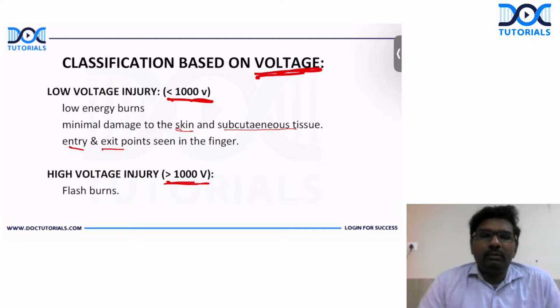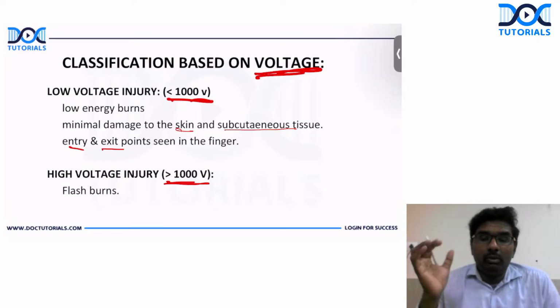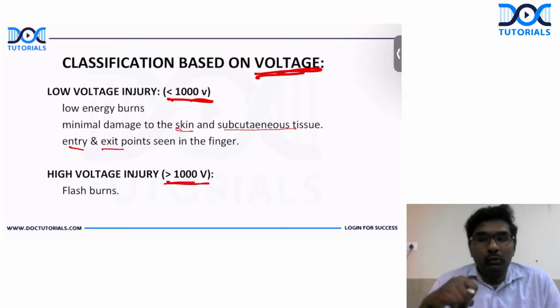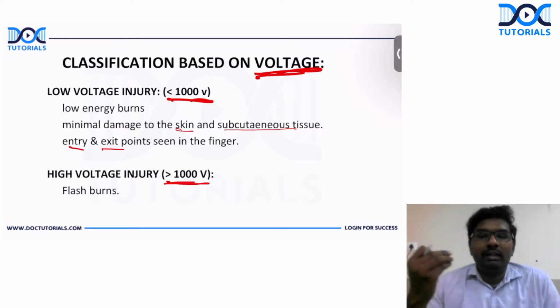The entry wound is usually at the place where we get contact with the electrical appliance. For example, if I'm holding a live wire, the entry wound will be in my hand. If I'm standing on the ground while holding the wire, my entry wound will be in the hand, and the exit wound will be in my foot, where the current passes into the ground through the foot.